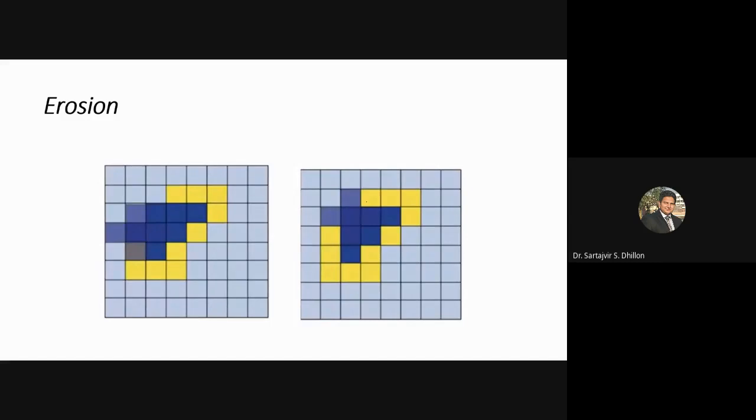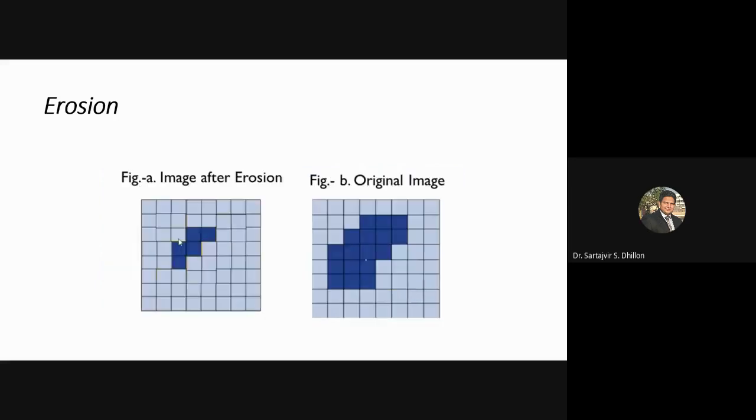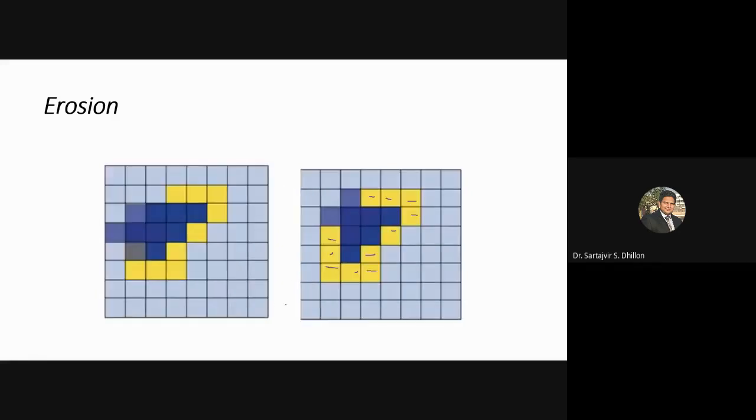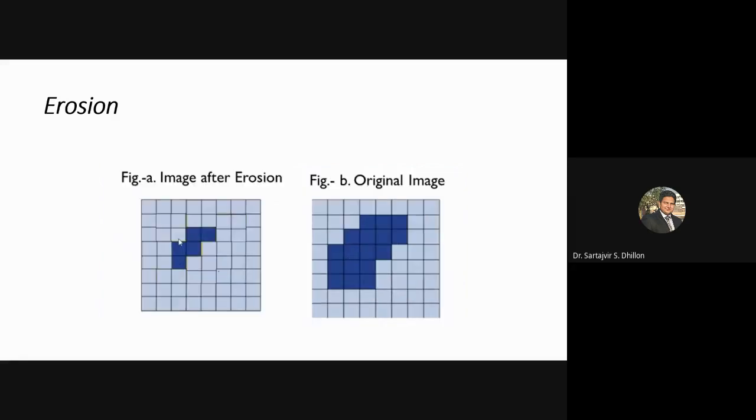The pixels existing over the outer boundary have been removed, and once it completes all the operations, only this portion of the image will exist, and all the rest of the pixels will be removed.